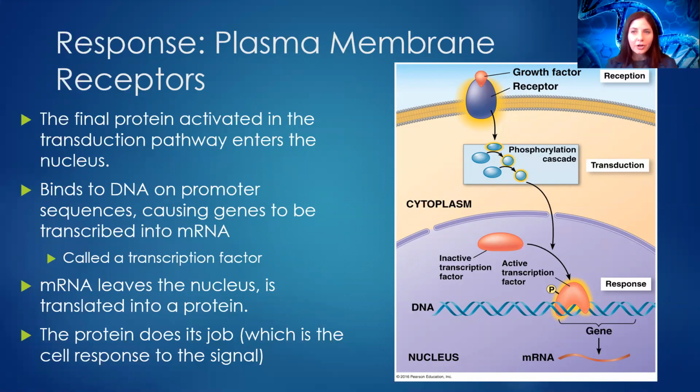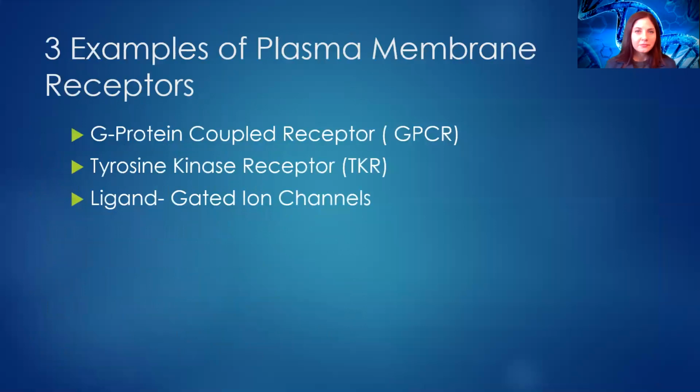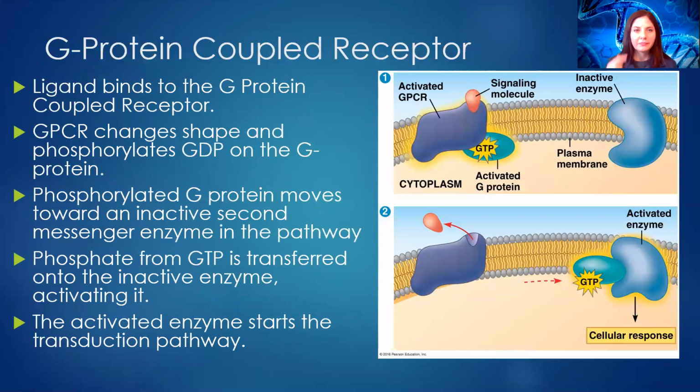And all of that occurred because of that signaling molecule saying, we need to do blank, and a response will eventually occur. Now, there are three examples of plasma membrane receptors that I want to discuss with you. So the most common by far is the G protein coupled receptor.